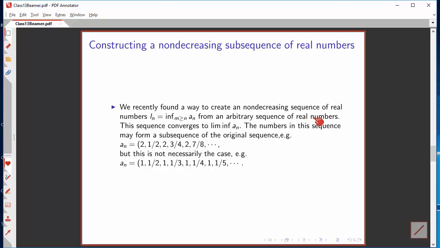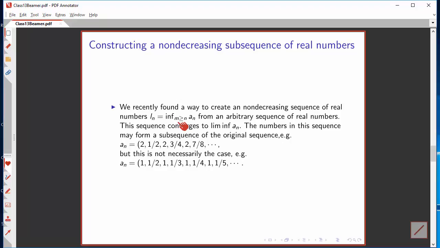Given an arbitrary sequence of real numbers, we found a way of creating a non-decreasing sequence of real numbers. What we do is we look at the tail of the sequence going on from the nth element. We look at the smallest value that can be achieved.